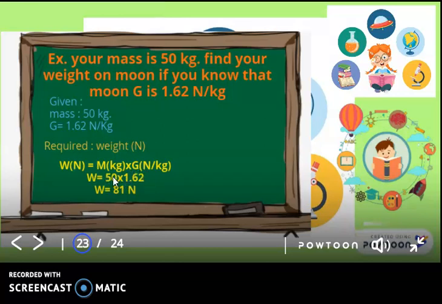If I multiply them, I will have 81 Newton. So this is your weight on Moon, and I measure it using the Newton unit. So it is very small. The weight on the Moon is very small compared to your weight on Earth.